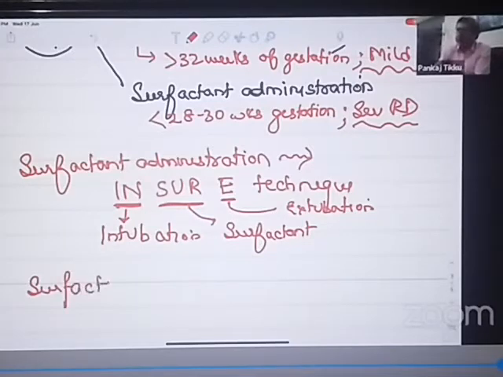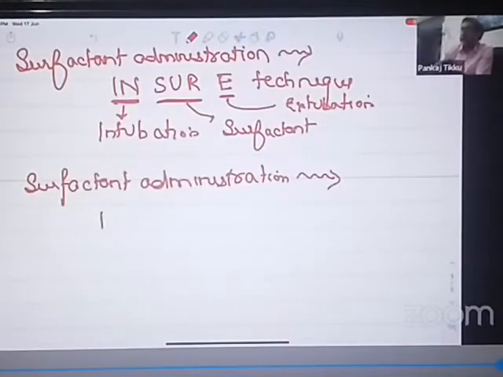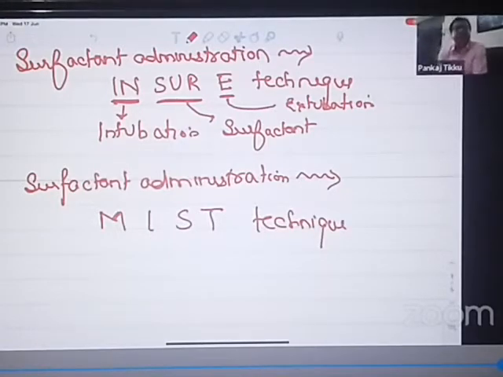So surfactant administration is now more recently being advocated by a technique which is known as the MIST technique. MIST technique, right?